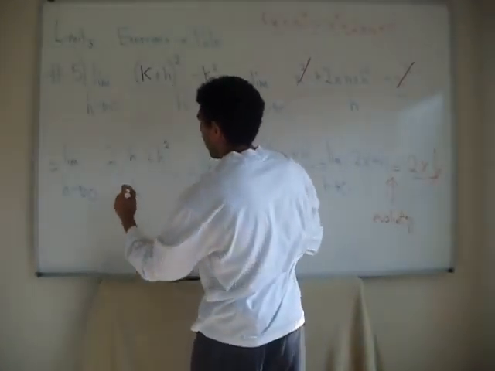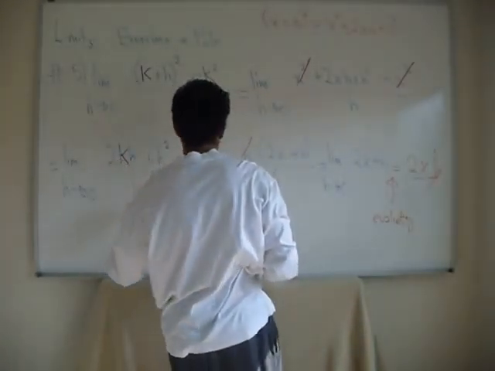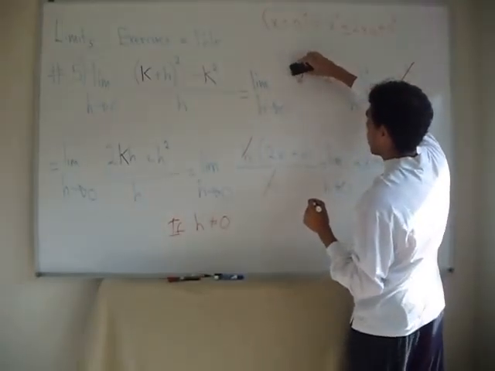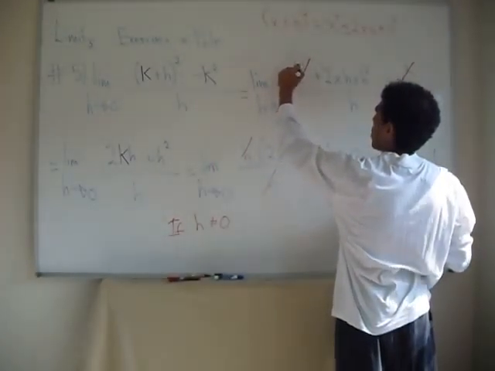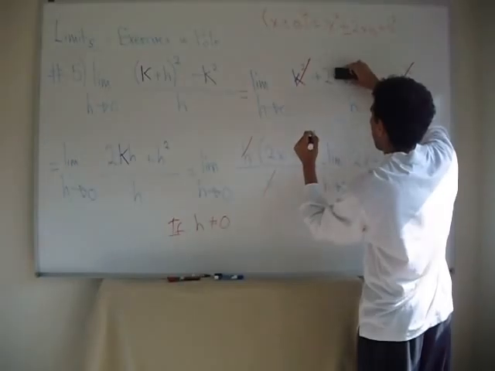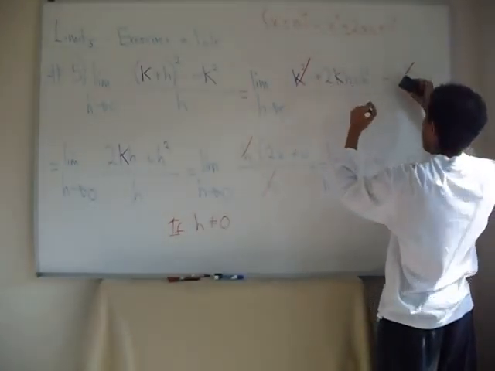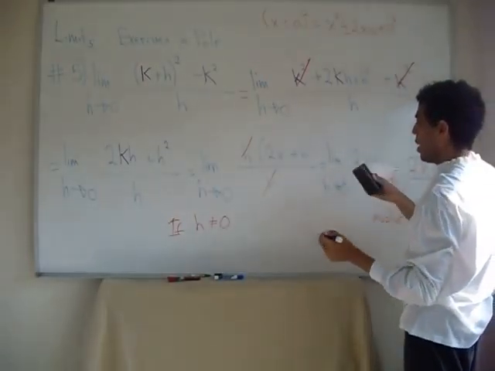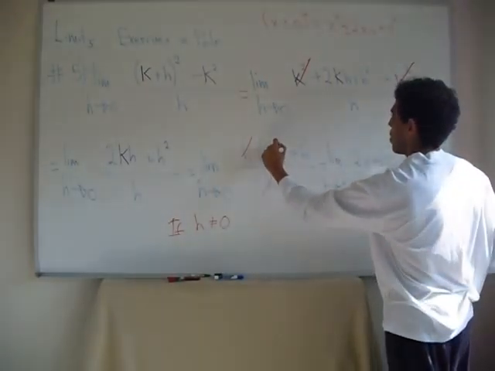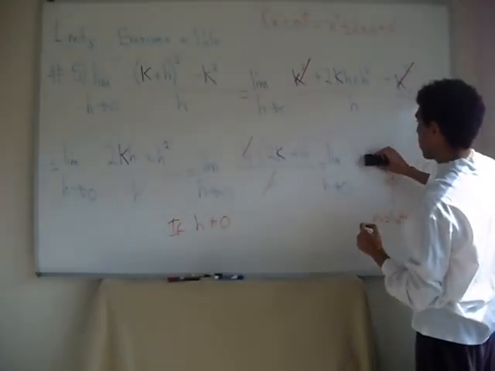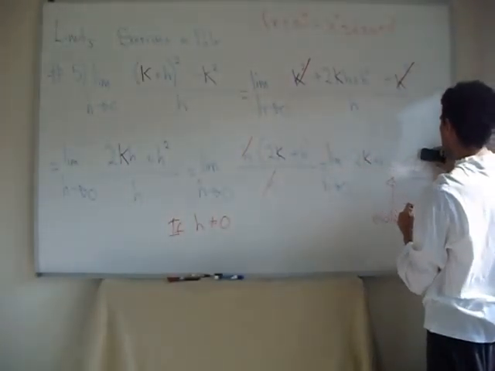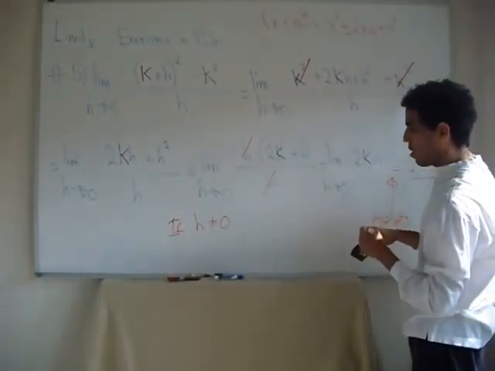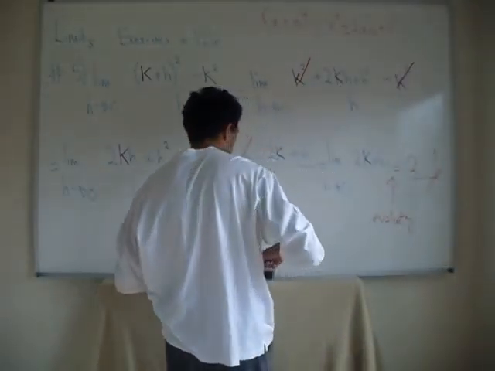And then it would be k here, and then I would have had k here too, and then I would have had another k here. Again, see, it's not affecting the exercise or the function in any way, okay? Because the variable here is h, and then the result would have been 2k.